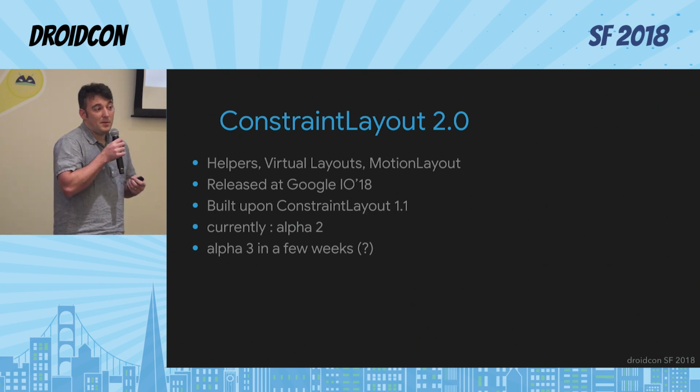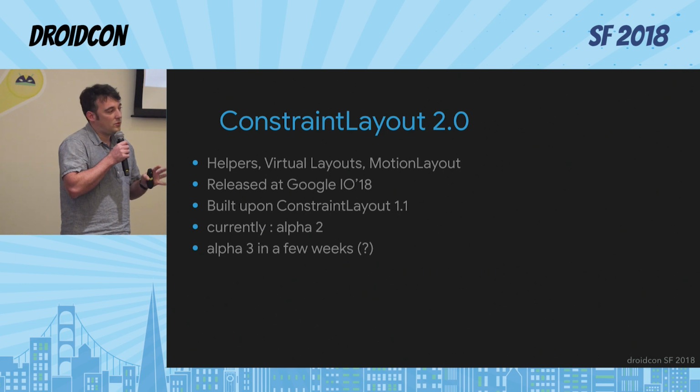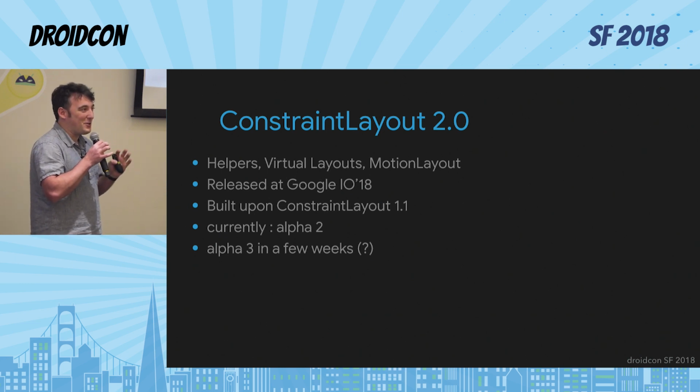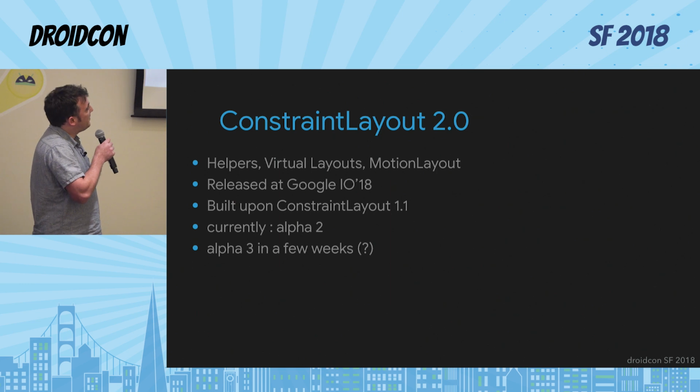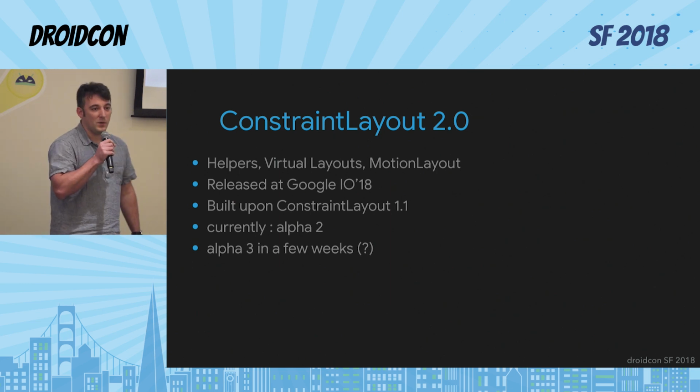We use the alpha label more as a way for us to make sure that if we do want to break the API, or more likely add new APIs, we can do so. So that's kind of our cover. But in terms of stability of the code, it's pretty stable. So hopefully, we'll try to release it in a few weeks.